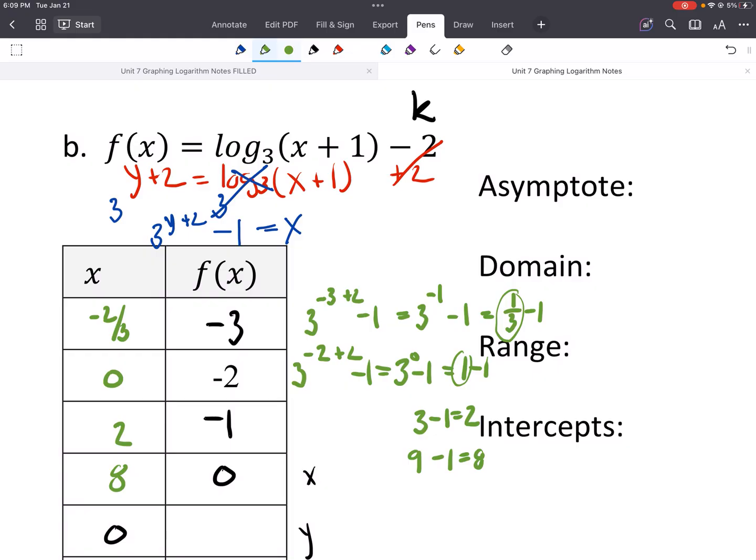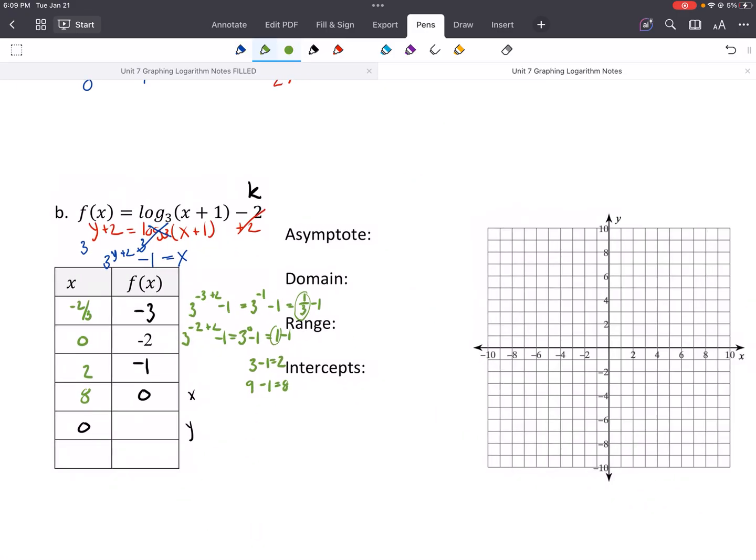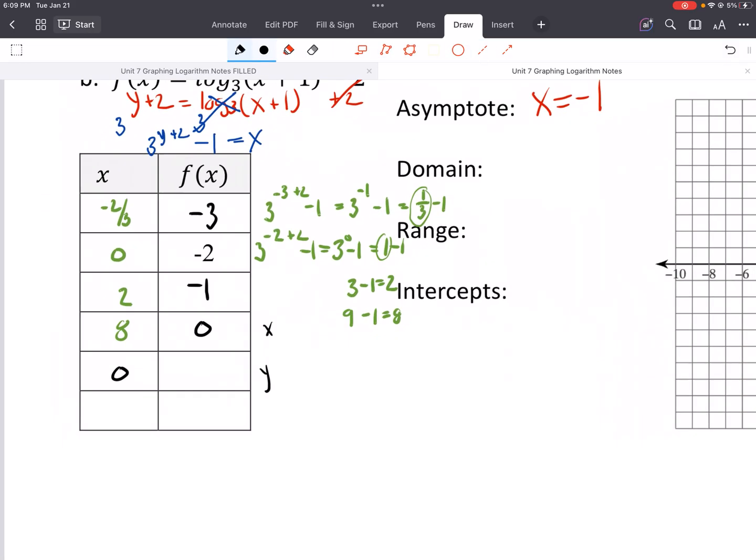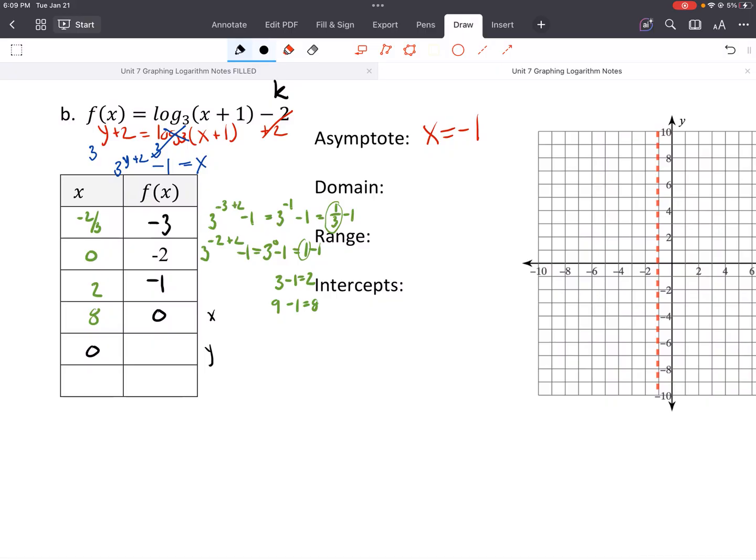Okay, and then again, maybe we could just sketch that first and see what this looks like. So our asymptote should be x equals -1. So we can draw that. So this means that we will have a y-intercept. Okay. So why don't we figure that out really quick? So the y-intercept is when x is 0.